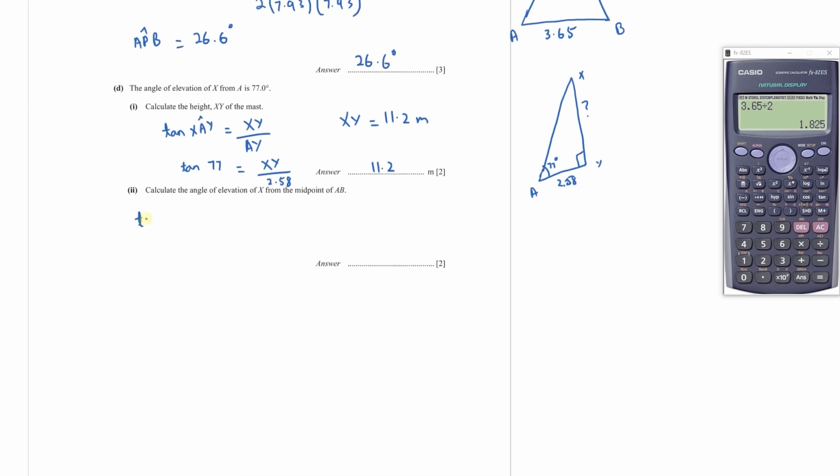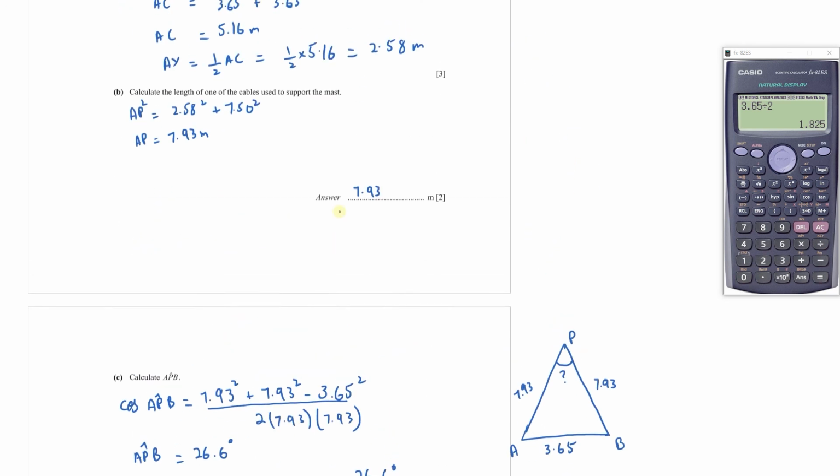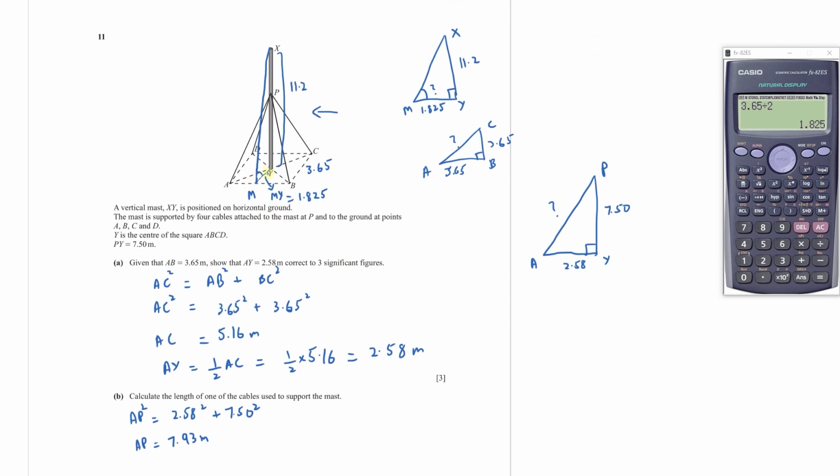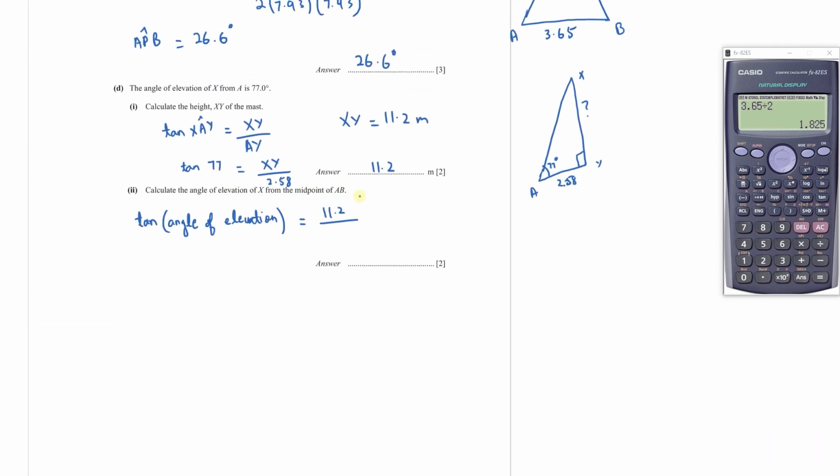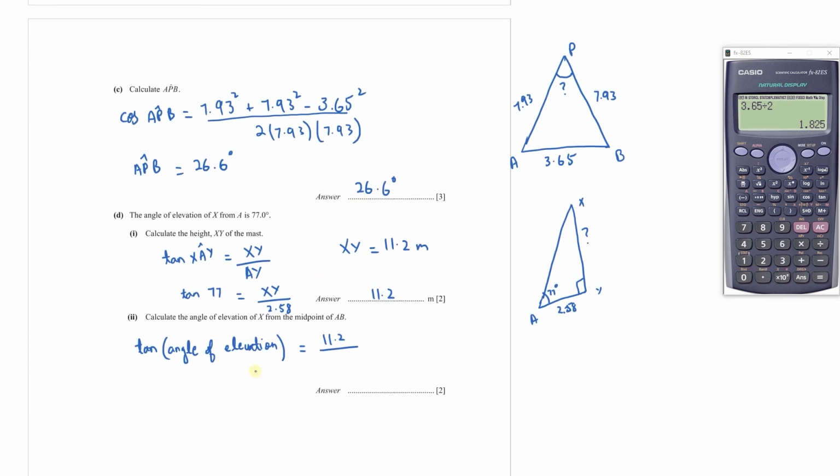So your tan of angle of elevation will be equal to the height of the mast, which is 11.2, and then the distance of this midpoint M from Y, which was 1.825. So 11.2 divided by 1.825.